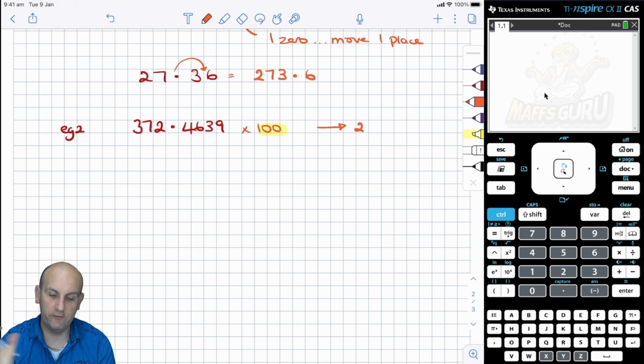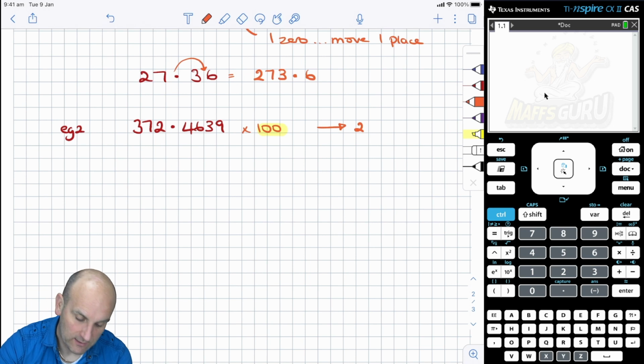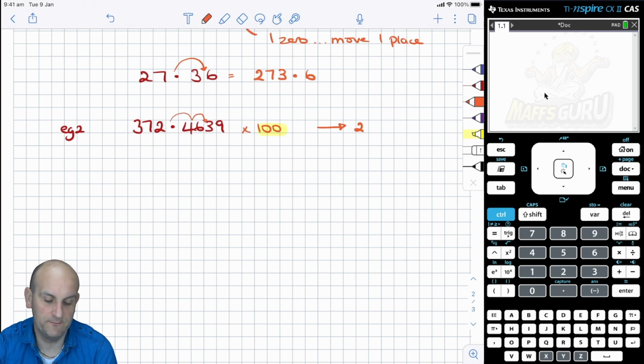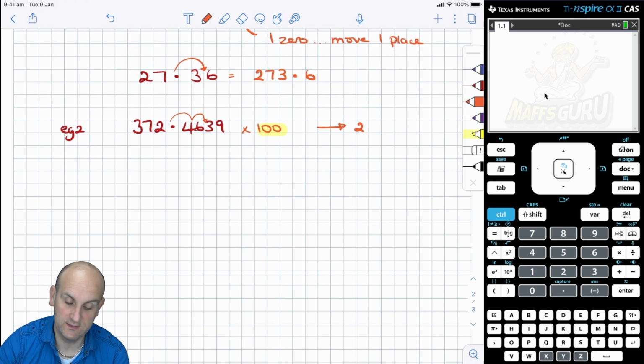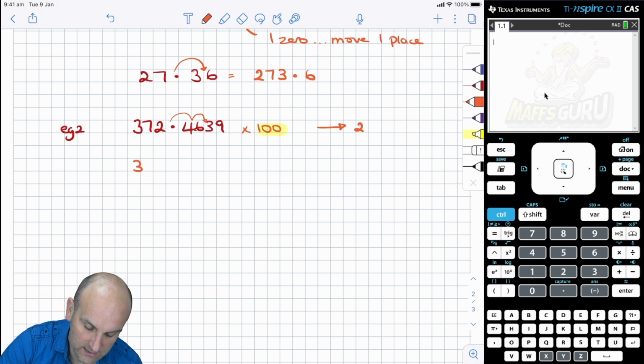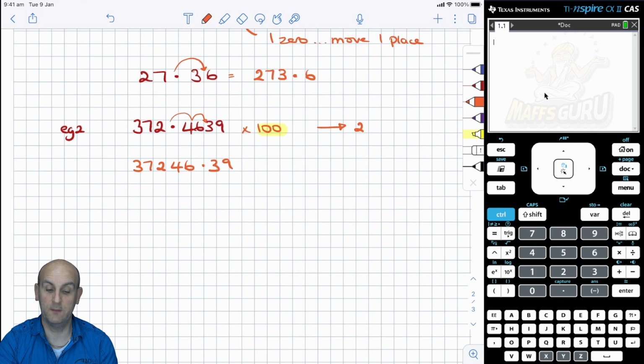And I always do the arrows here to make it sensible. So let's move it 1, 2. That means it's going to fit between the 6 and the 3. So I'm going to get 37246.39. Ka-ching. Thank you very much.